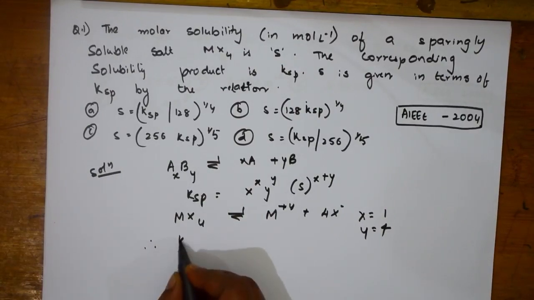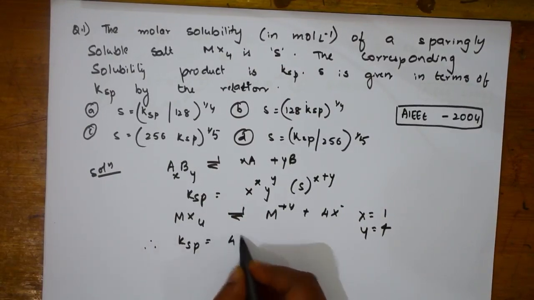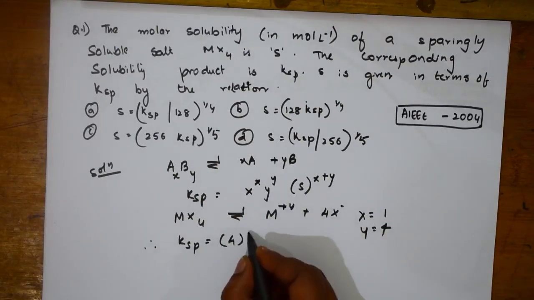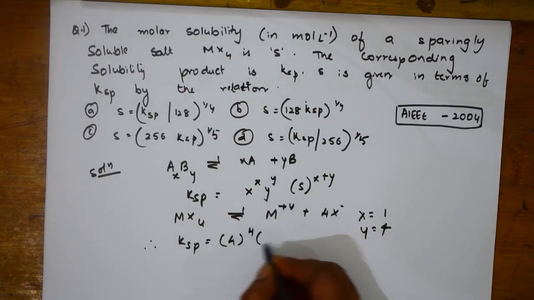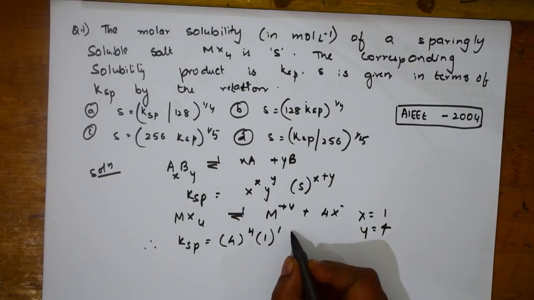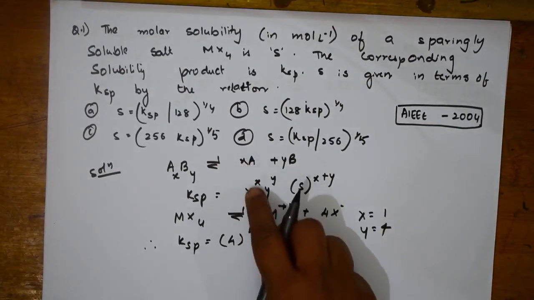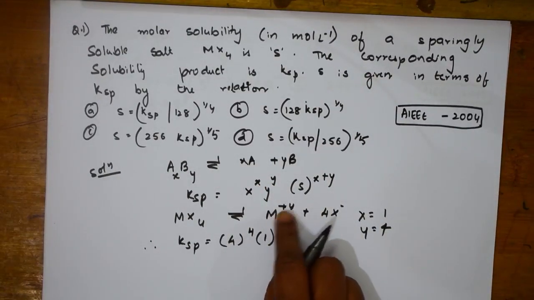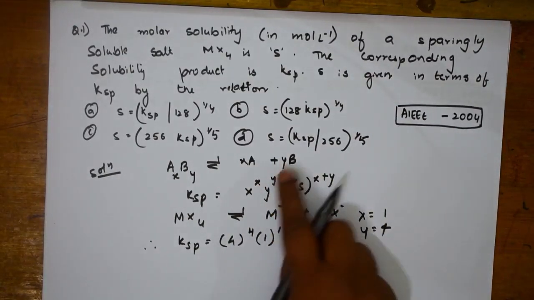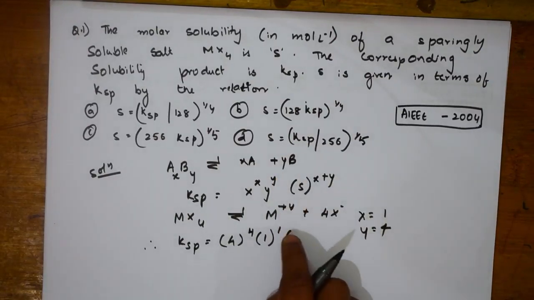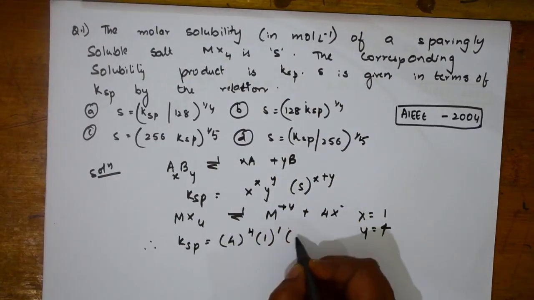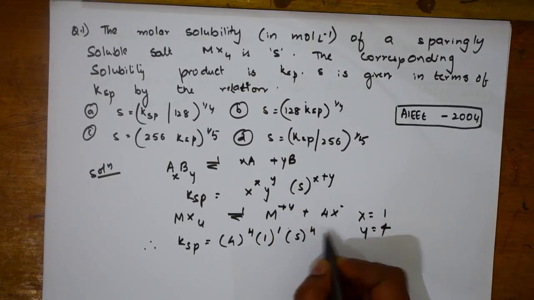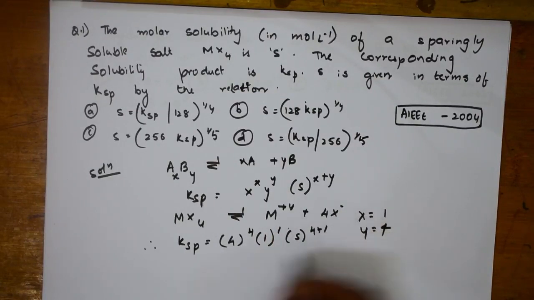Now what is the solubility product? KSP is equal to 4 raised to the power of 4 and 1 raised to the power of 1, just like this: x raised to the power of x, y raised to the power of y, and S raised to 4 plus 1, that is 5.